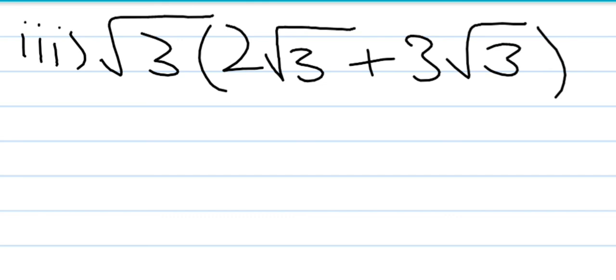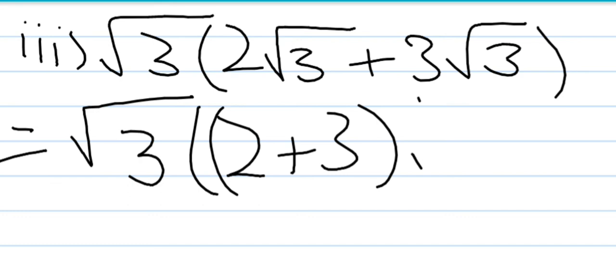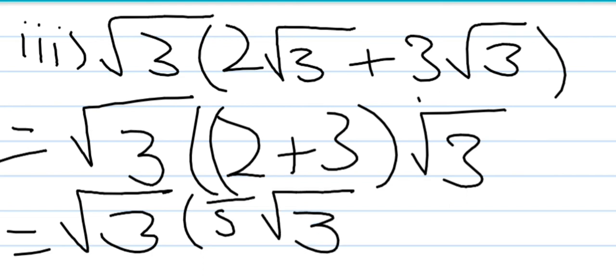So this part is equal to under root 3 into 2 plus 3, because under root 3 is common, and adding 2 and 3, it will become under root 3 into 2 plus 3, which is equal to 5 under root 3.